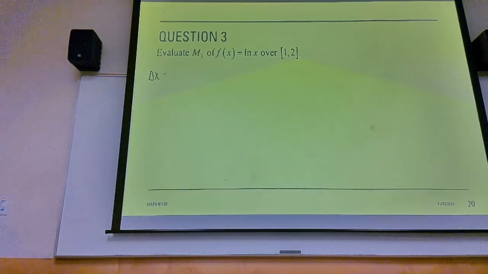One third. So those are the three subintervals.